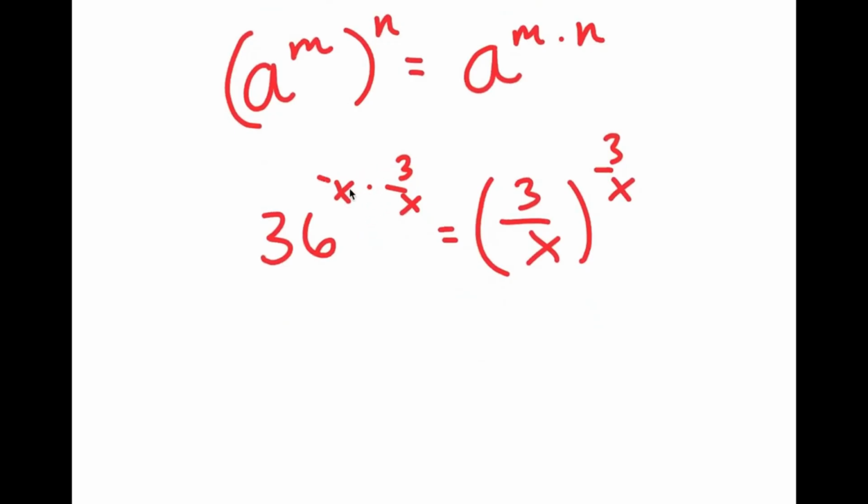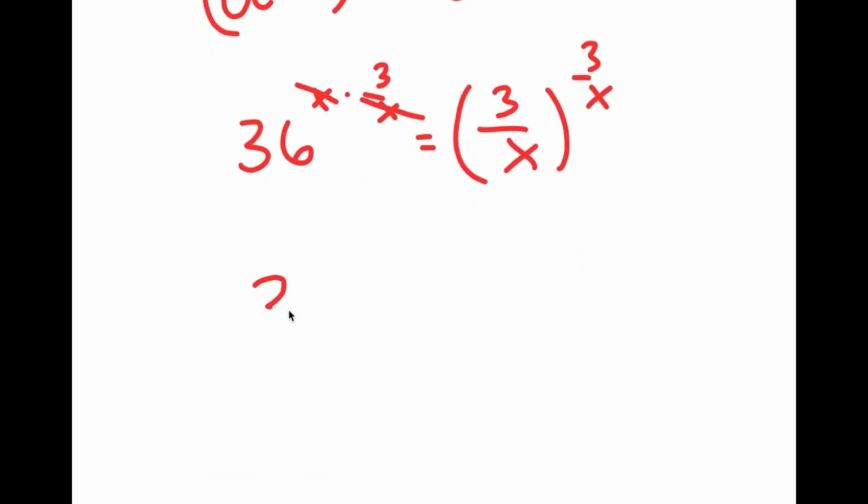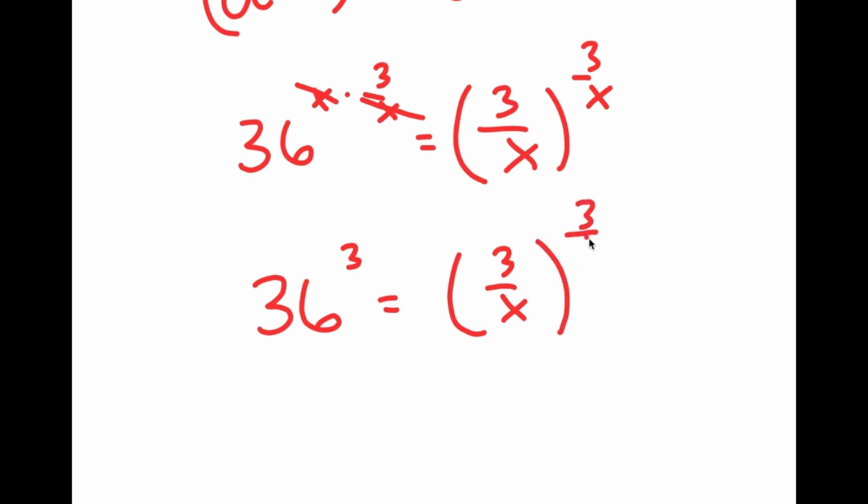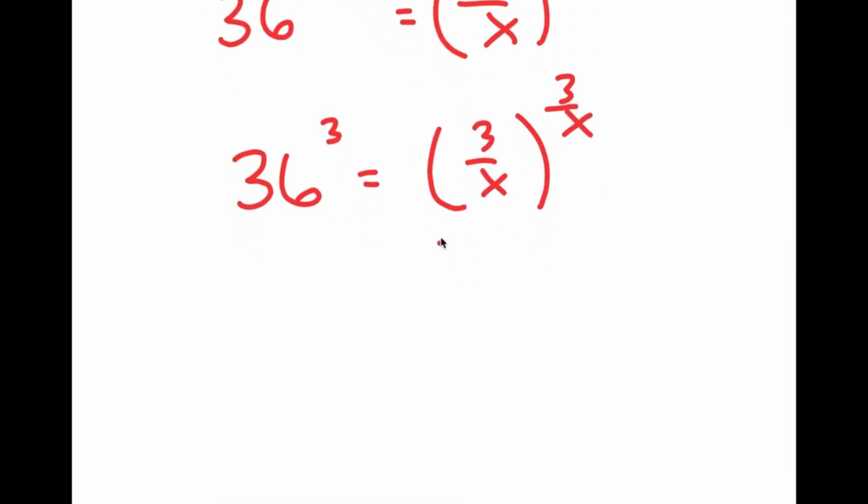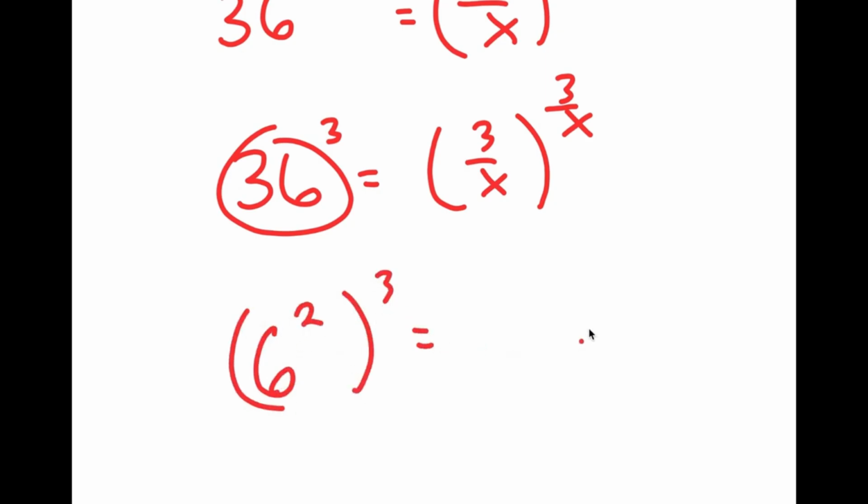So then now these two x's cancel out, and I get 36 to the power of 3 is equal to 3 over x to the power of 3 over x. And now from here, I can rewrite 36 as 6 squared. So I get 6 squared to the power of 3 is equal to 3 over x to the power of 3 over x.